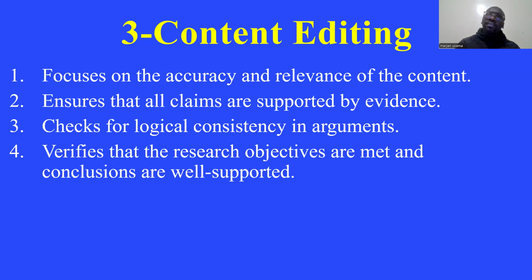Accuracy basically means, where did you get this information? What are your sources? Are the sources accurate? Then when you are talking about relevance, we are talking about the importance of the information in your research. Is it important? Is it up to date? So this content editing will help you answer this question.